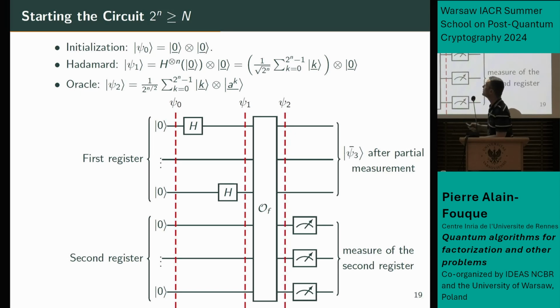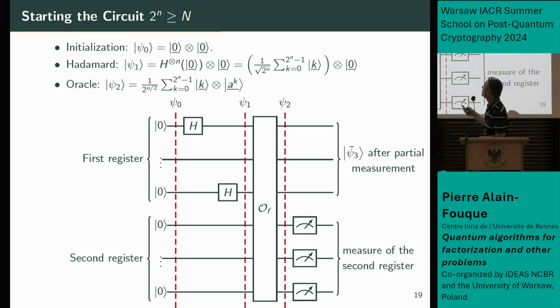You can do the maths if you want with n equal 1, 2, and it's not complicated to see that at the end, you have all the different representations here, and here you have some normalization factor, but we don't care about it. And the second register will still store the 0 value, okay?